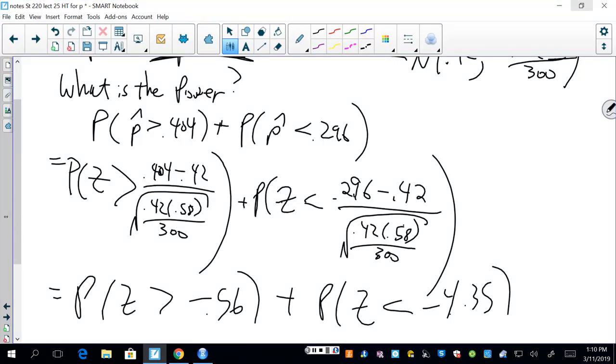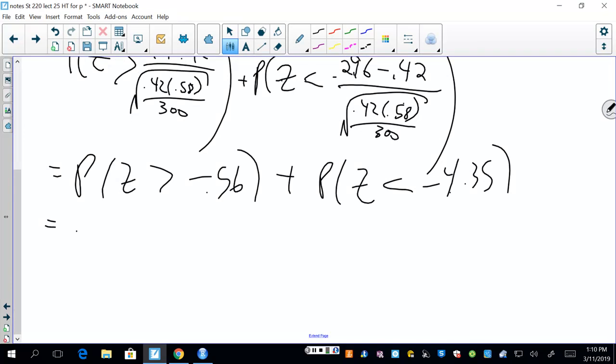So this probability here is about 0.71, and that other probability over there is basically 0, so the power is about 71%. Not bad.